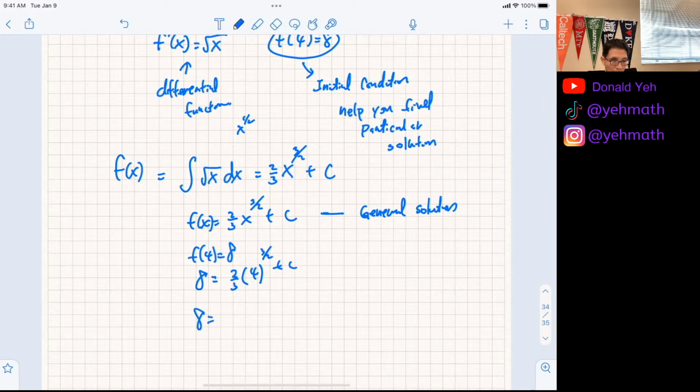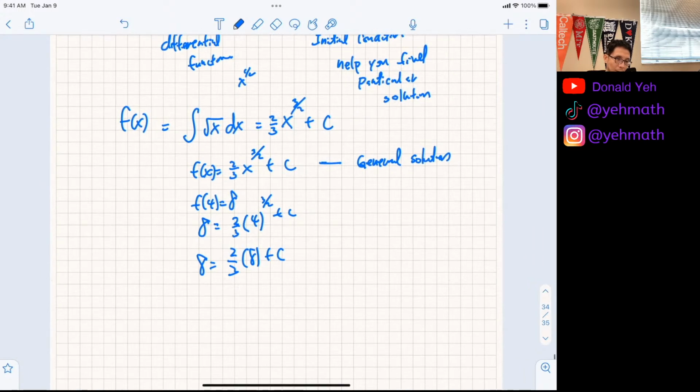The square root of 4 is 2, and 2 cubed is 8. So 8 is equal to 16 over 3 plus c, so 8 minus 16 over 3 is equal to c. C is equal to 8 over 3.